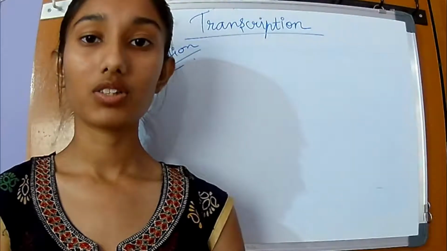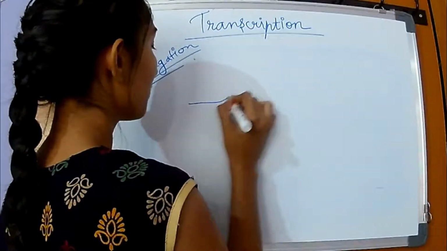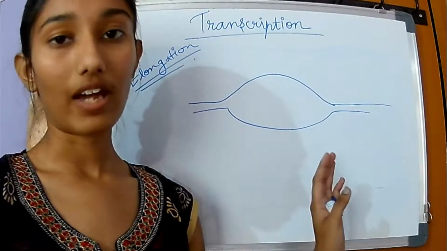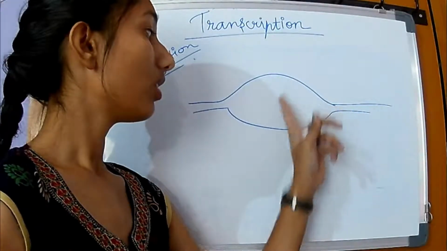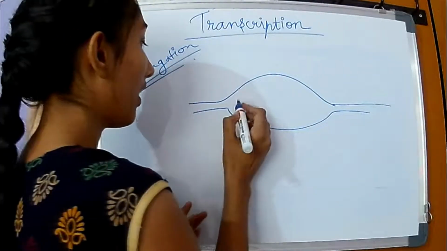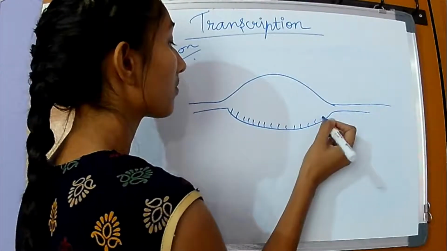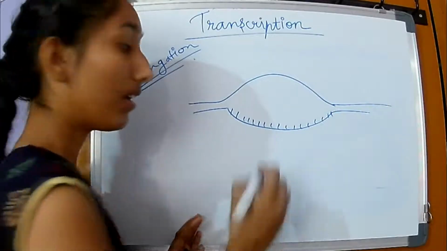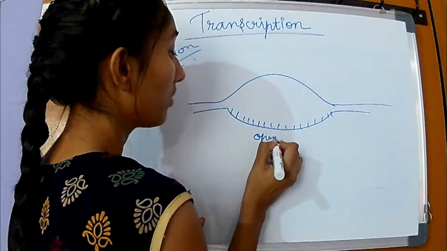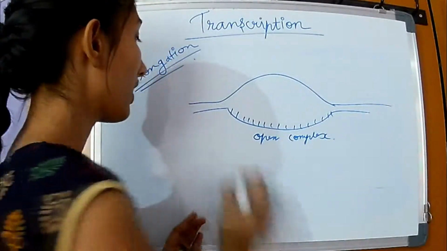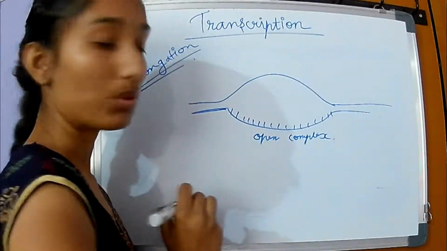Now, in elongation, we have the template strand and the open complex right now. Here are the promoter sequences.